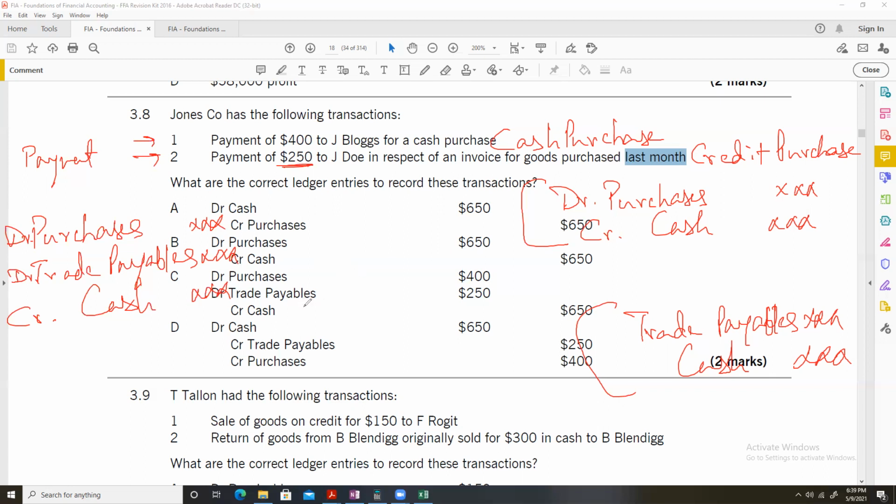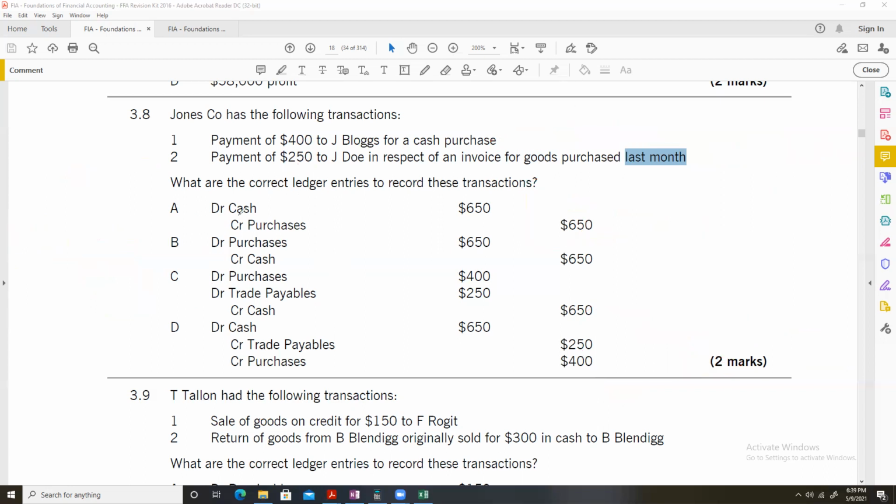Now, where do we have this? Yes, look at option C. Here in this double entry, the purchases account is debited, the trade payables account is debited, and the cash account is credited.